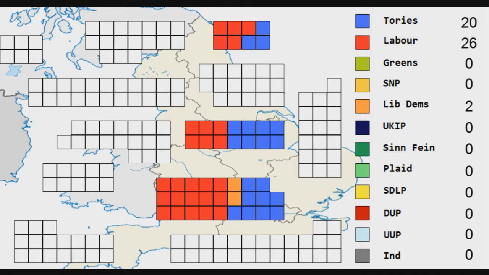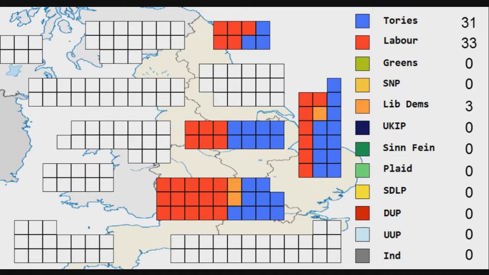East of England, we have 11 for the Tories. Yeah, that's right. I believe we have 1 for the Lib Dems again. Yep, and then we have 7 for Labour. Let's go down to Northwest.